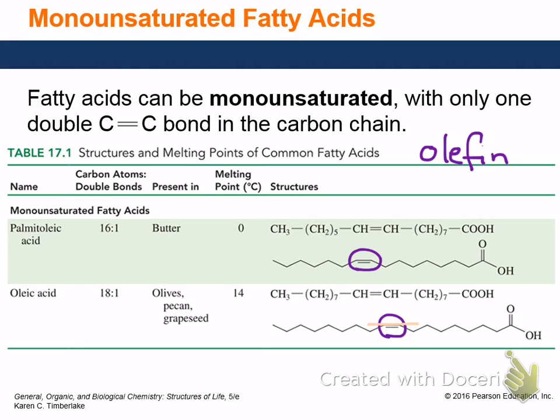So it turns out in most naturally occurring fatty acids, we have cis double bonds, okay? One of the things you'll learn about is that the other configuration is what you get if you heat naturally occurring fatty acids. You heat them to high temperatures, they'll sometimes go into the trans configuration.